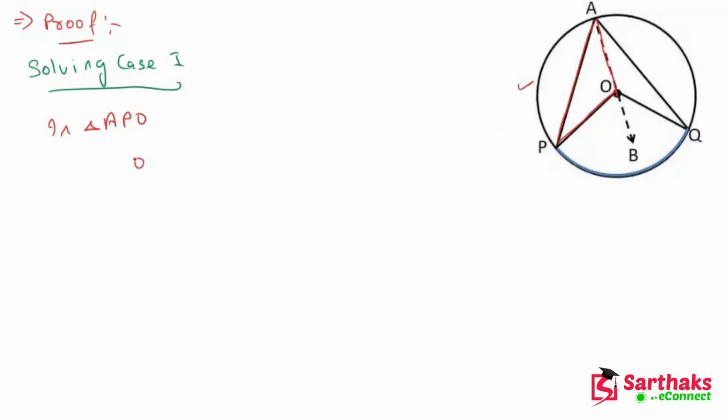We know that OP is equal to OA, because these two sides are the radius of the circle.